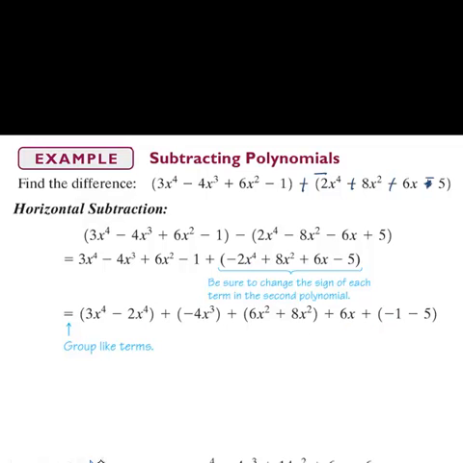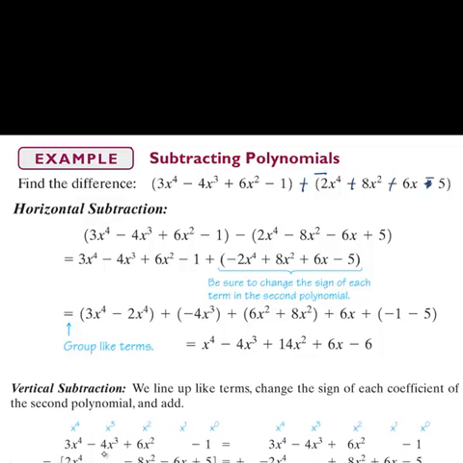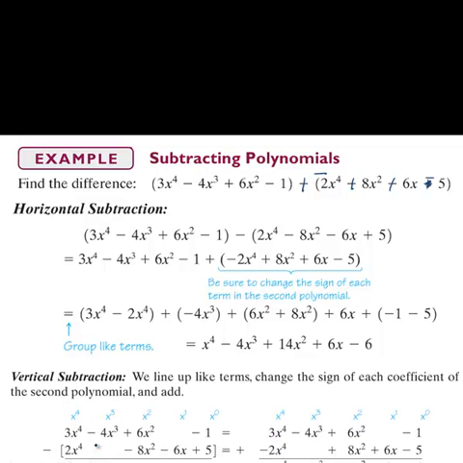And then just combine your like terms. Alright, have a look at that real quick. You could also do it vertically, just like we did in the previous slide for addition. Make sure that you distribute the negative sign for that second polynomial. So then you're adding the negative of the second polynomial vertically.